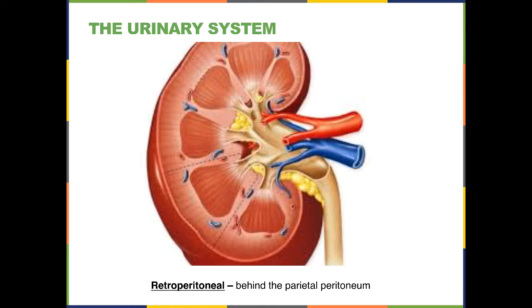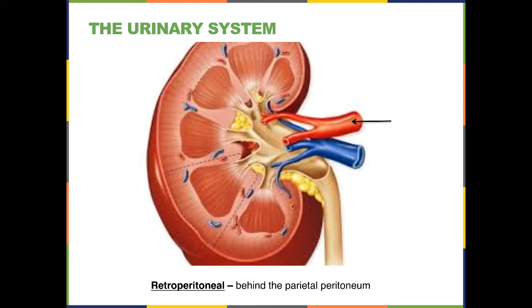You have to move all of the peritoneal organs out of the way and then slice through the parietal peritoneum to get to the kidney. In fact, when you operate on the kidney, you actually go in through the back and the side, as opposed to from the front.